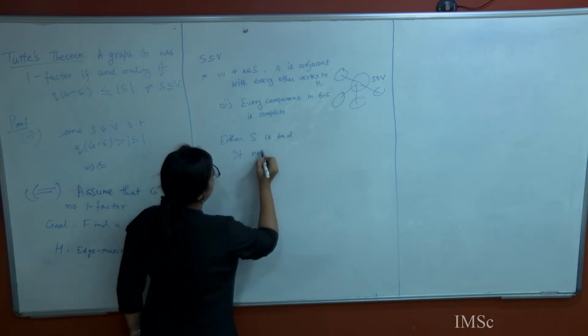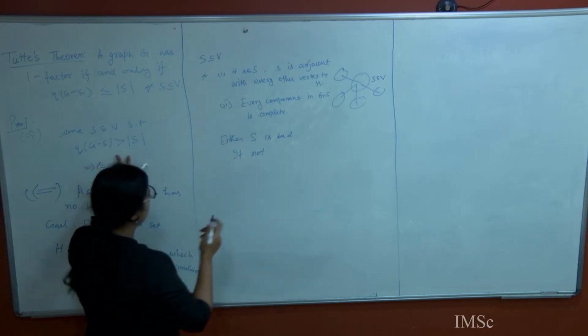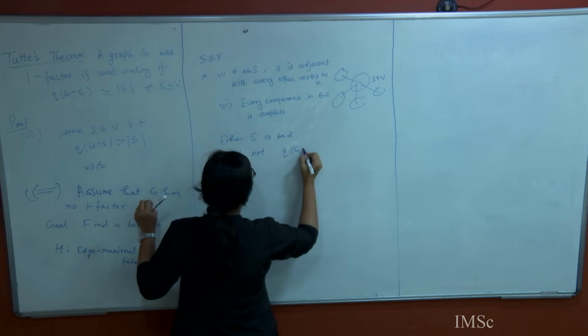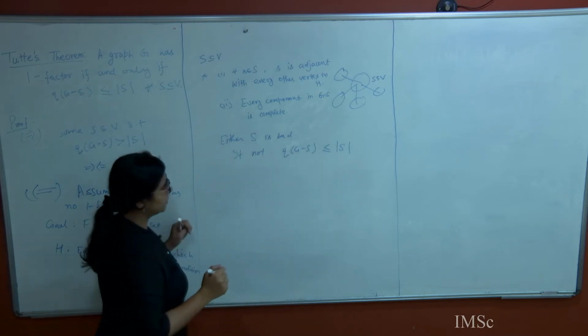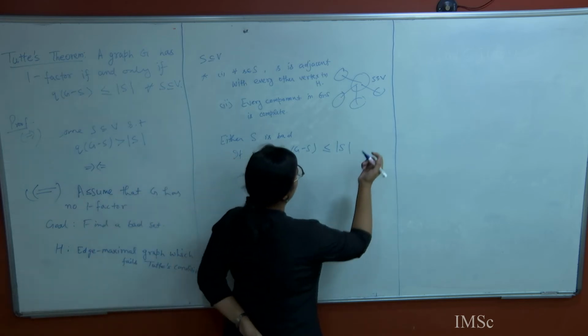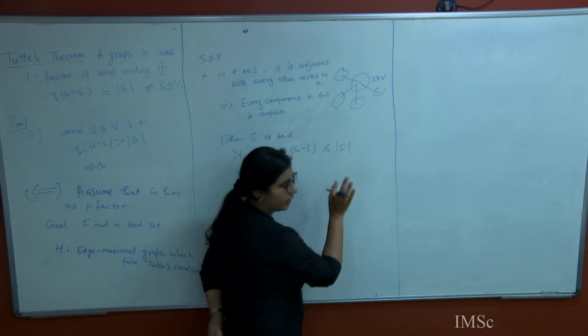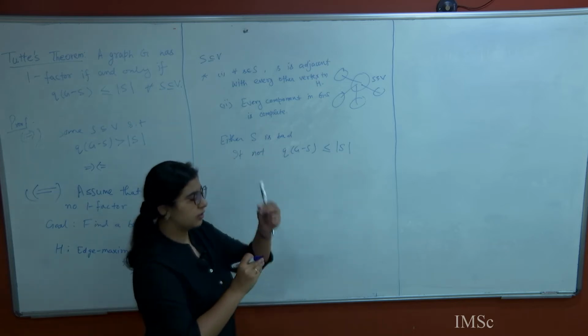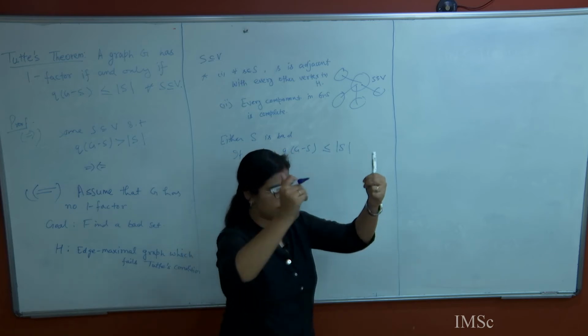Or if not, if it is not bad, that means q(G minus S) is at most the cardinality of S. And because the number of odd components is at most the cardinality of S, you can match the one remaining vertex from each odd component to a vertex of the set S, right.